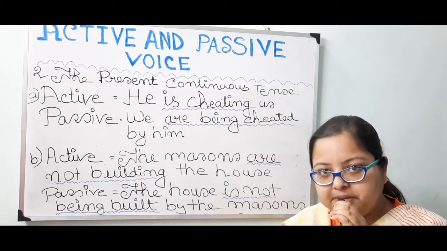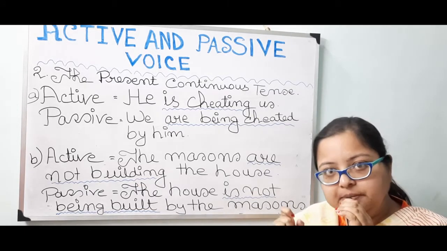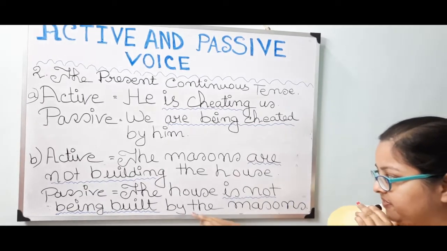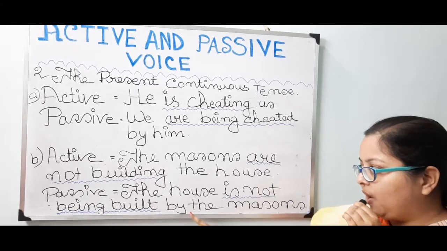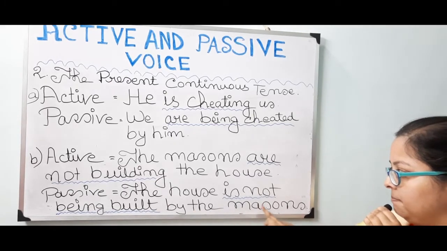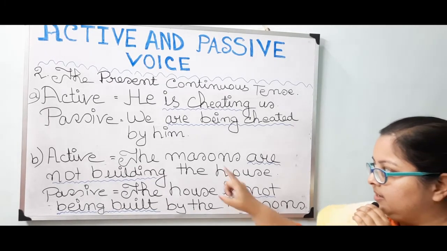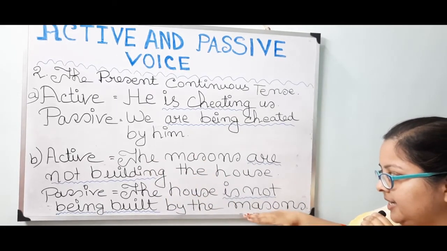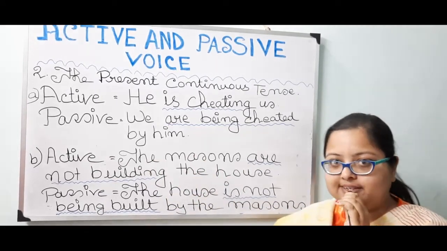Build, built, built. So over here built, the third form of the verb. Then by according to the rule, then the masons. The subject of the active voice is turning into the object of the passive voice.